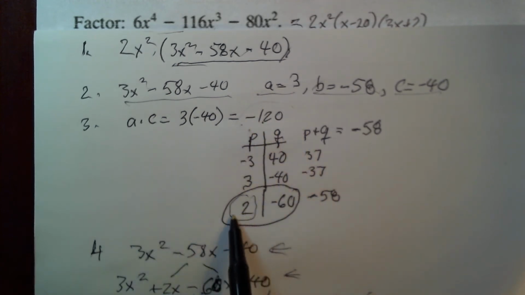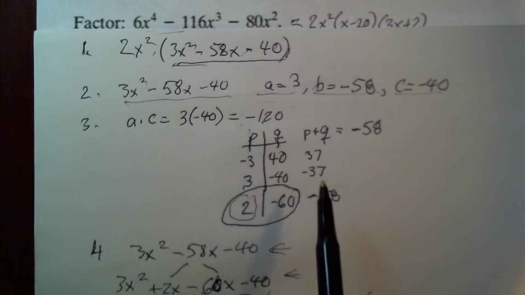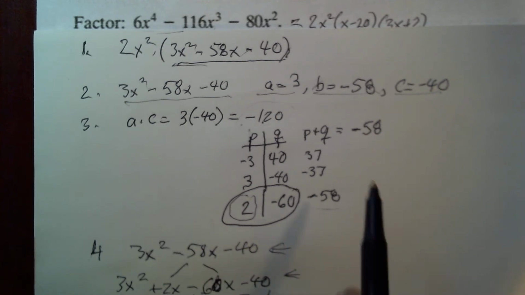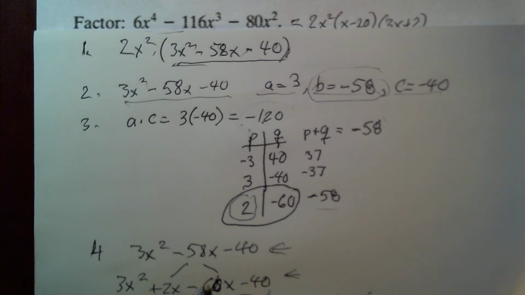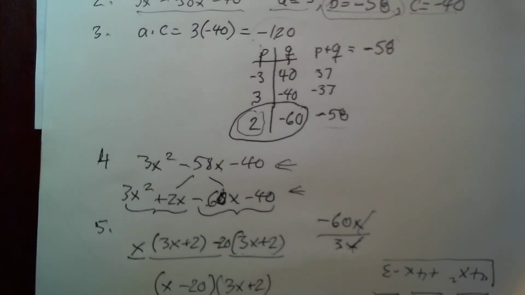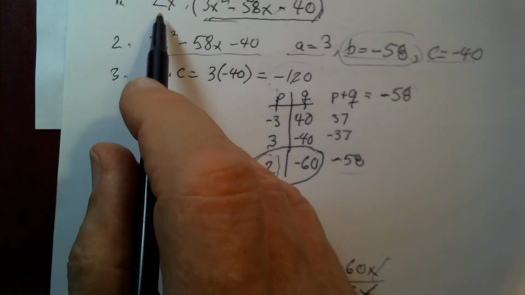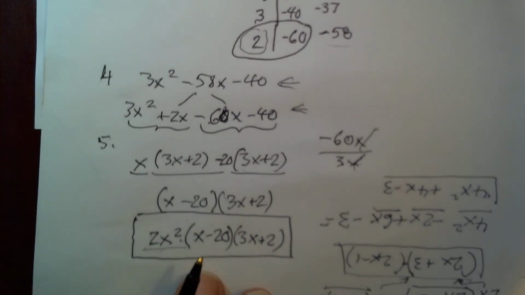And then we found out that 2 times minus 60 is a proper factorization because the product is minus 120 and the sum equals minus 58, which is B. And then we just split the middle term, factor by grouping, and then remember to use the factor we factored out in the beginning, 2x squared, for your final answer. And that's it. So it just takes practice.